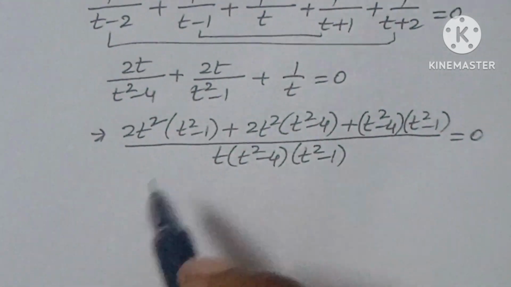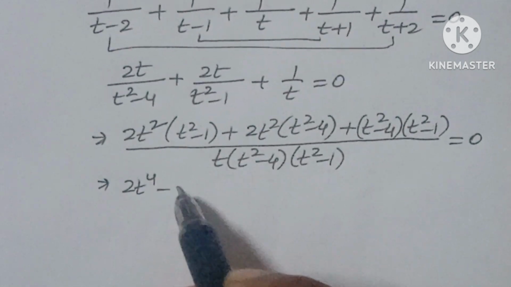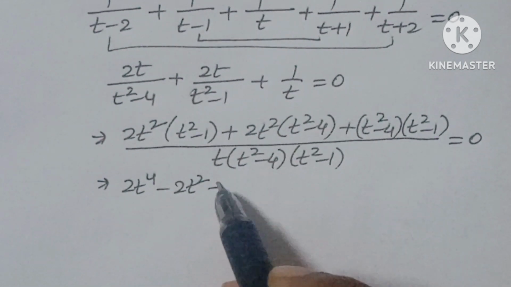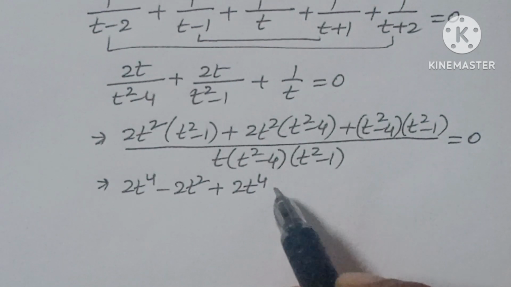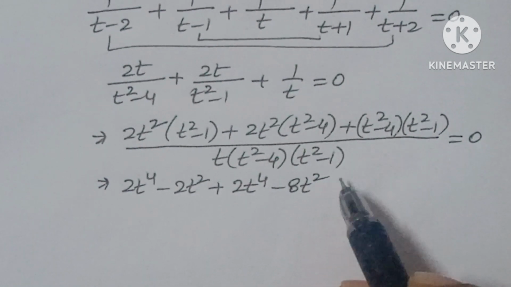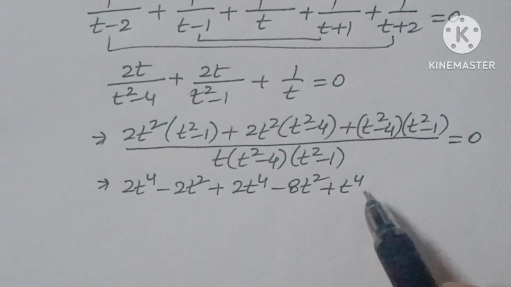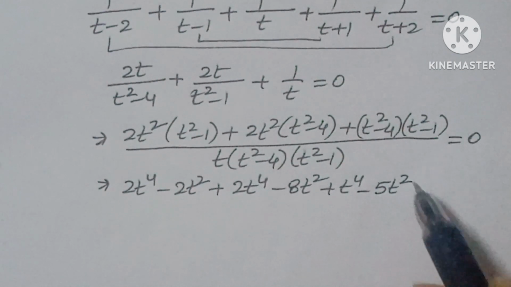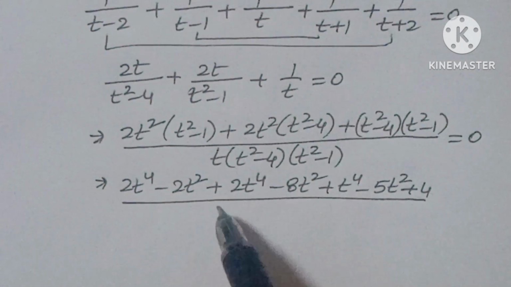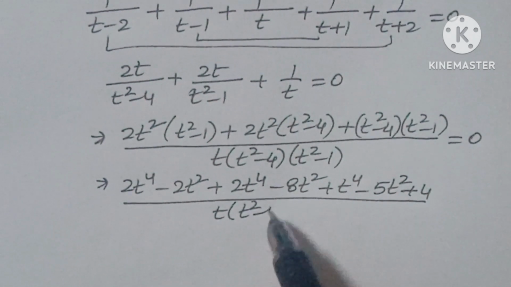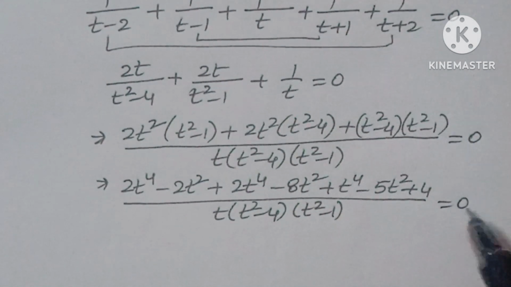Now open the bracket. So 2t to the power of 4 minus 2t square plus 2t to the power of 4 minus 8t square plus t to the power of 4 minus 5t square plus 4 over t into t square minus 4 into t square minus 1 equal to 0.